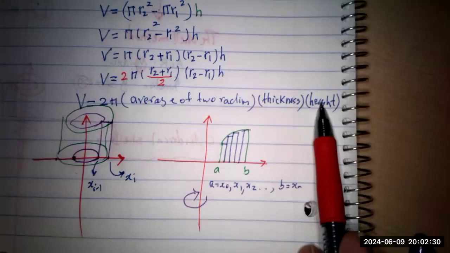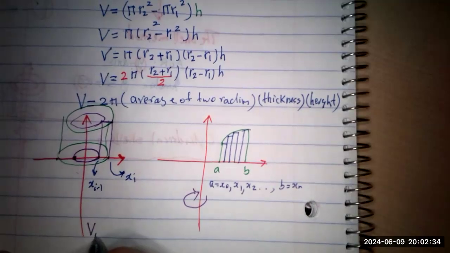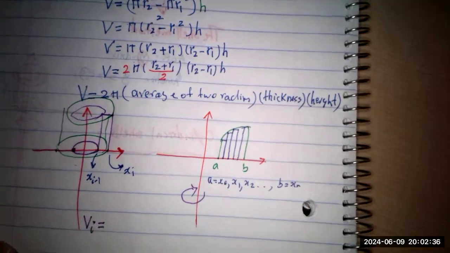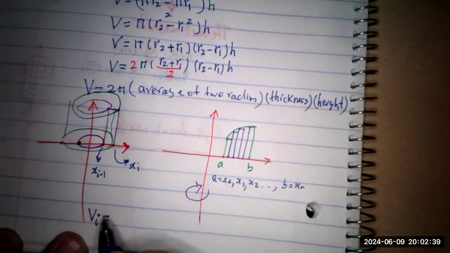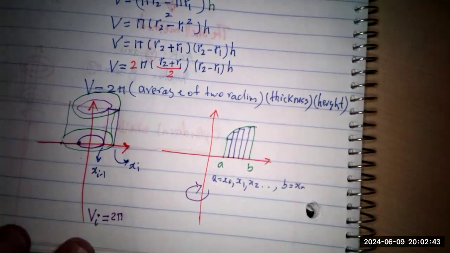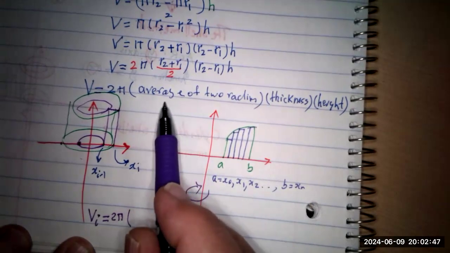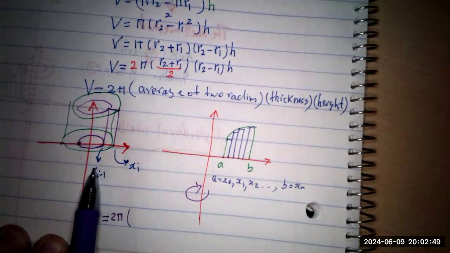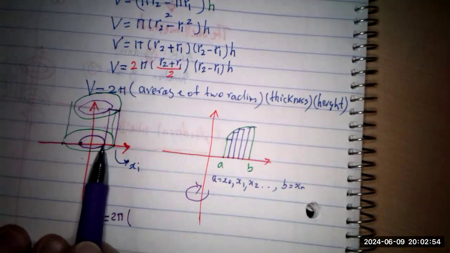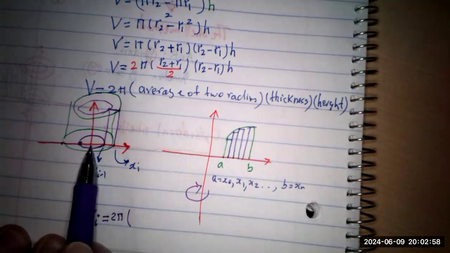Just using this formula, the volume would be what? I write it down here. I'm going to call it Vi. So the volume is going to be 2 pi times the average of the radii. The distance from xi minus 1 to the origin is the smaller radius, and the distance from xi to the origin is the bigger one.